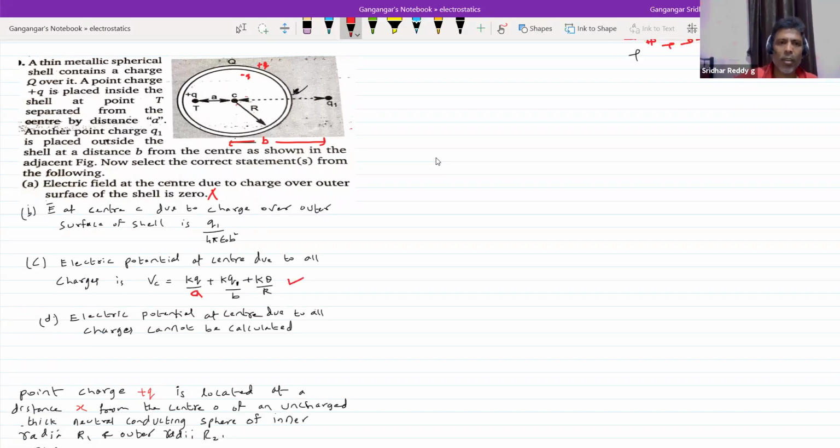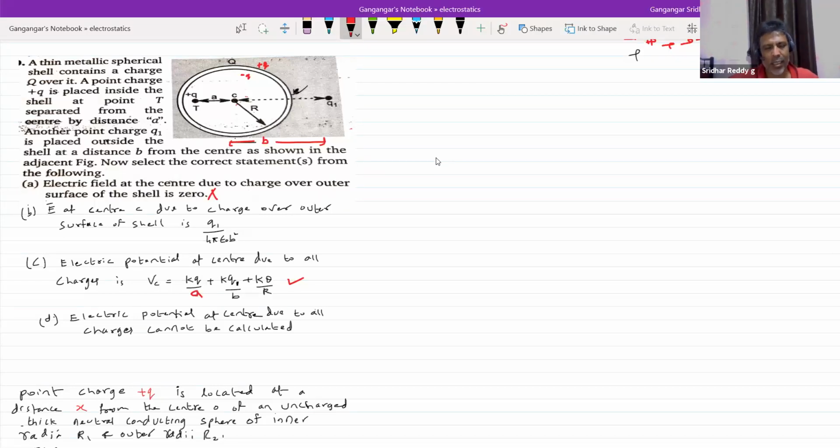But sir, this will be a non-uniform charge distribution. I think the net charge will be at a distance R only. However it is distributed, irrespective of that, the net charge will be at a distance R only. So charge on the inner and outer surface will be non-uniformly distributed, but the net charge will be the same. Is it okay?